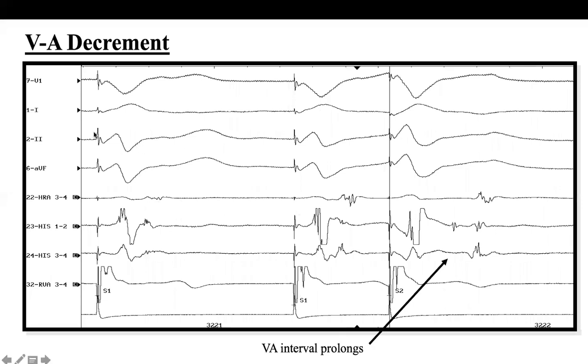So it's the same as what we are doing in the atrium, we do in the ventricle, and we get what we call the VA decremental conduction property. We are pacing the ventricle here and pacing the ventricle here with VA. So here, VA, VA, and VA.